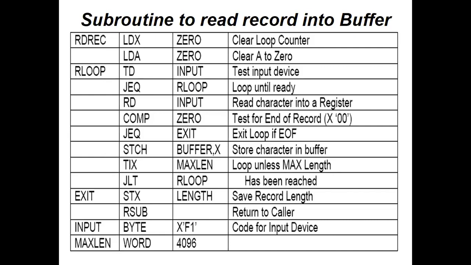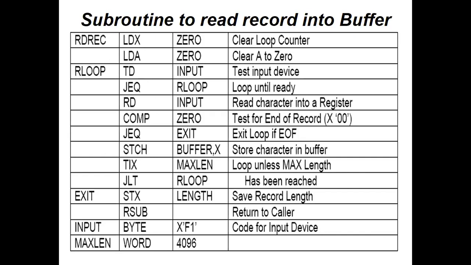Load register X with 0, then you load the accumulator with 0, test the input device. If equal, you test again. If it is ready, you input. Now there we are saying compare with 0 because there is a limit on what we read. So we compare with 0.